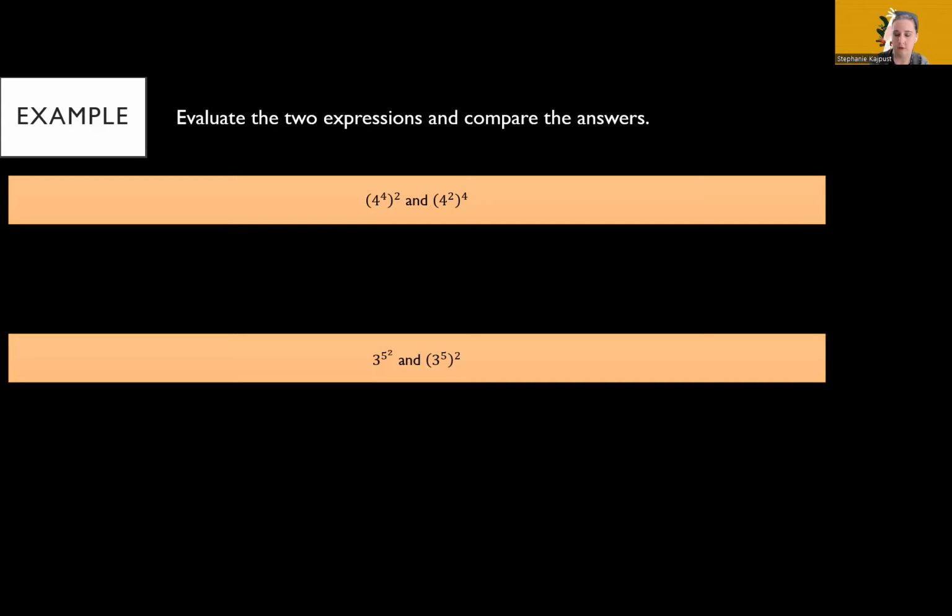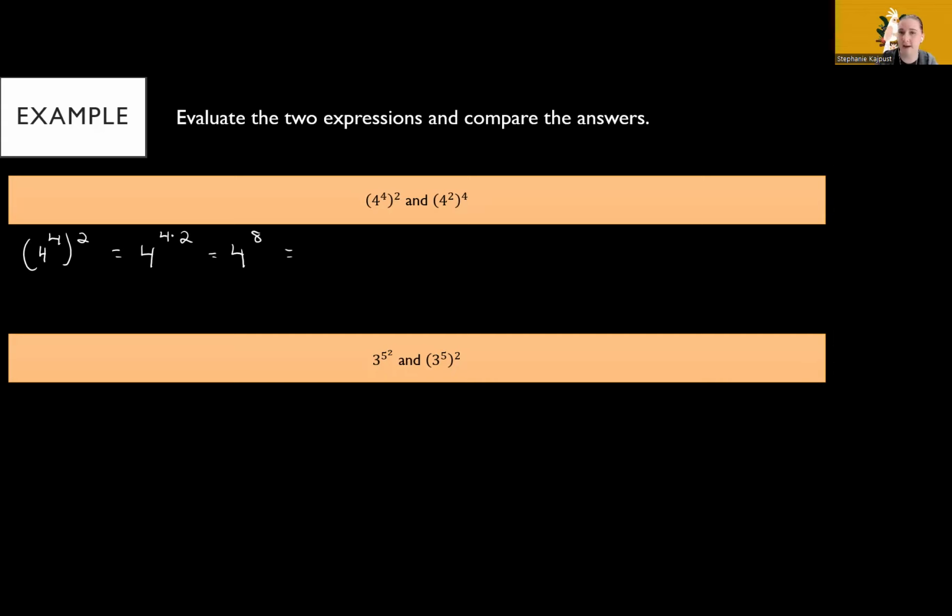The first one we have is 4 to the 4th and then squared. Then we're going to compare that to 4 squared and then to the 4th. So the exponents are just in different orders, basically. If we have 4 to the 4th and then squared, the power rule means you multiply those. That's 4 times 2, so you get 4 to the 8.